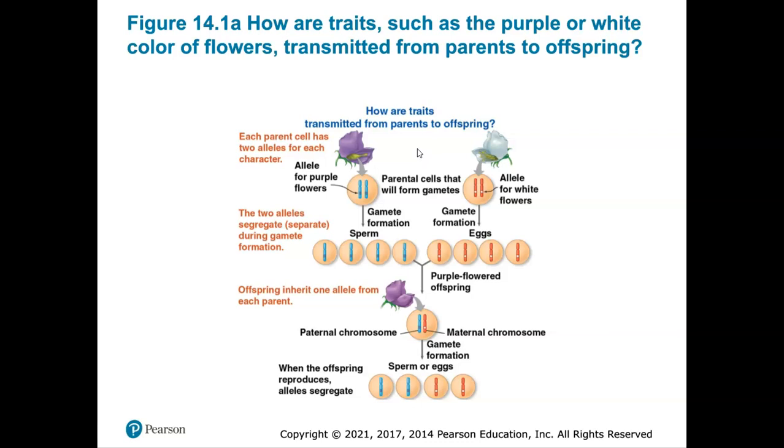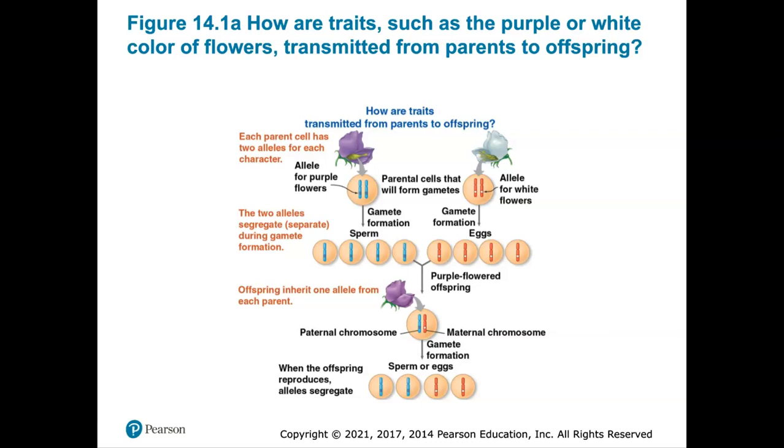And what I mean by pure or true breeding is that the original purple flowered parent plant was pure for the trait of purple color because it would never ever produce anything other than purple flowered offspring. And for the white, it was the same way. The white flowers never produce anything other than white flowered offspring.